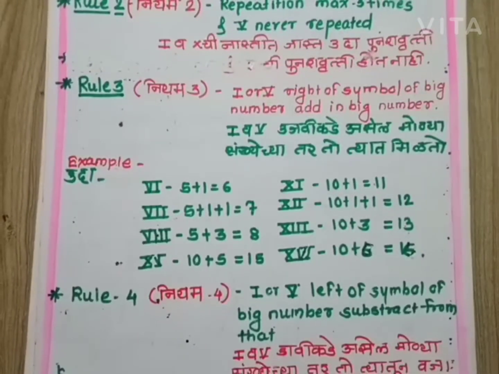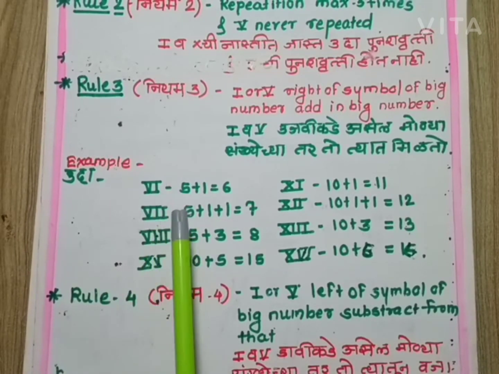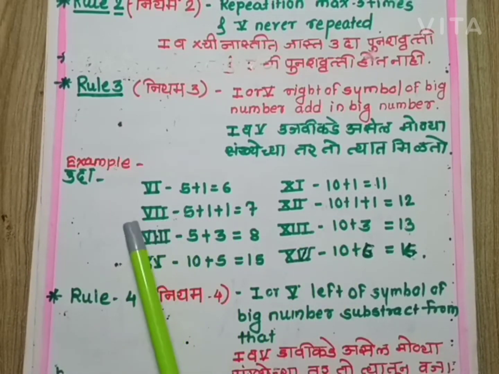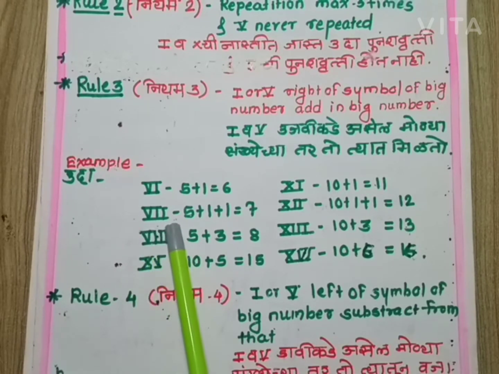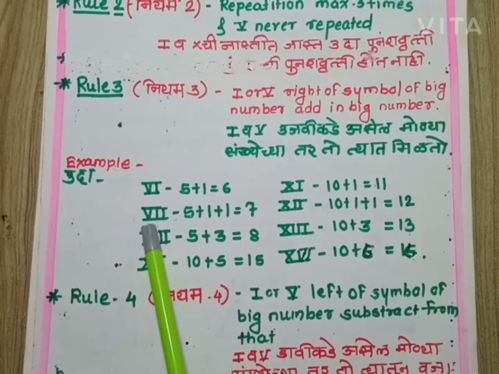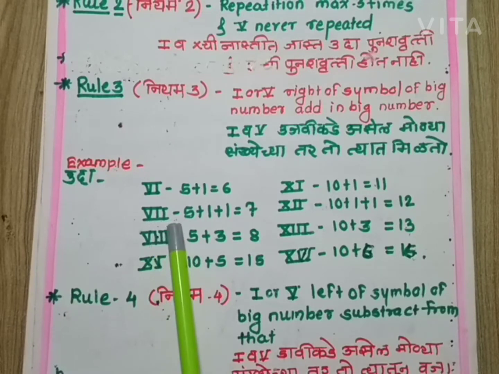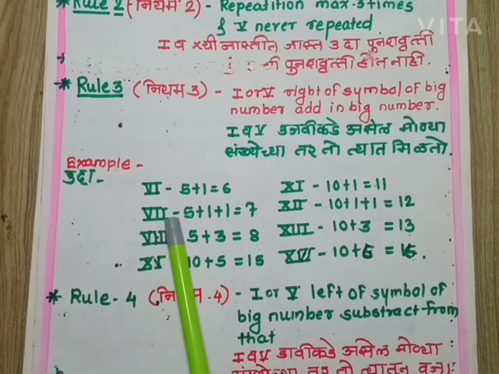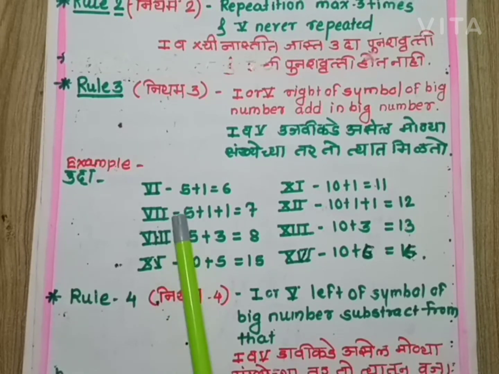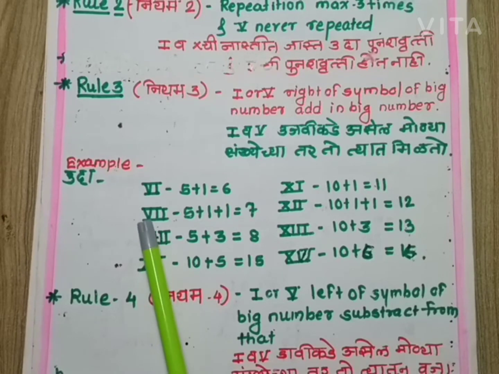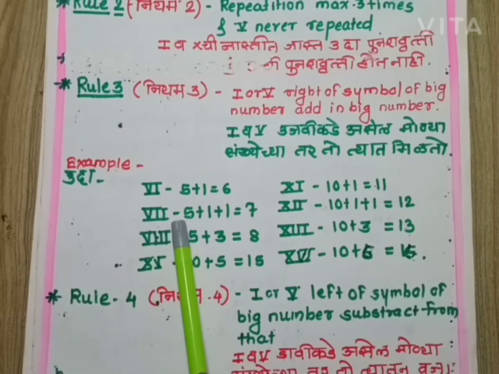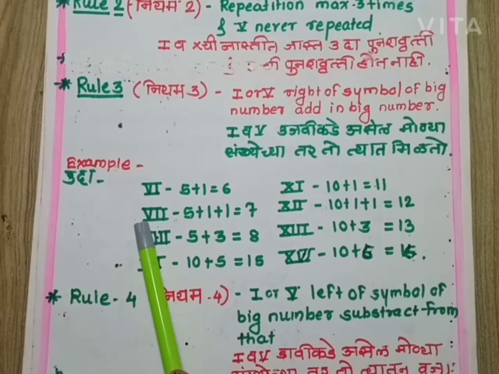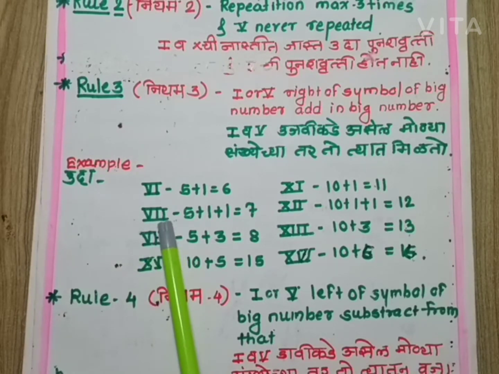Now, next. This is the same as these two examples. Here the example is v double I. We know that double I gives the value 2, and v is greater than this value 2. v gives value 5 and double I gives value 2.